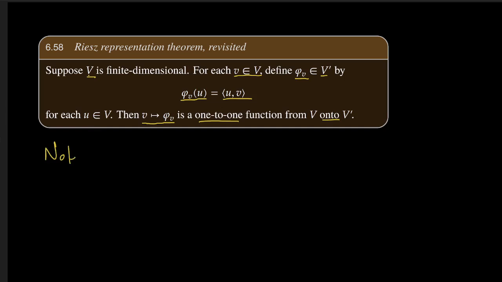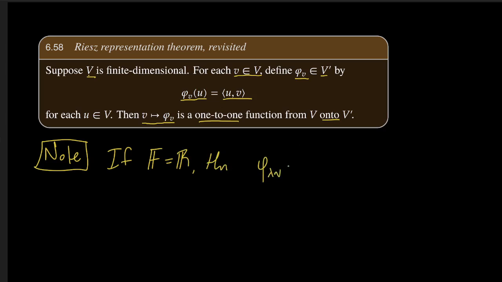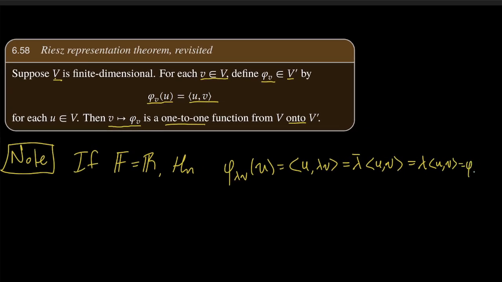Let me make a quick note. So, if F is equal to R, then phi of lambda v, applied to u, is equal to the inner product of u with lambda v, which is just equal to lambda bar times the inner product of u with v. But if F is equal to R, this is just lambda times the inner product of u with v, which is lambda times phi_v of u.